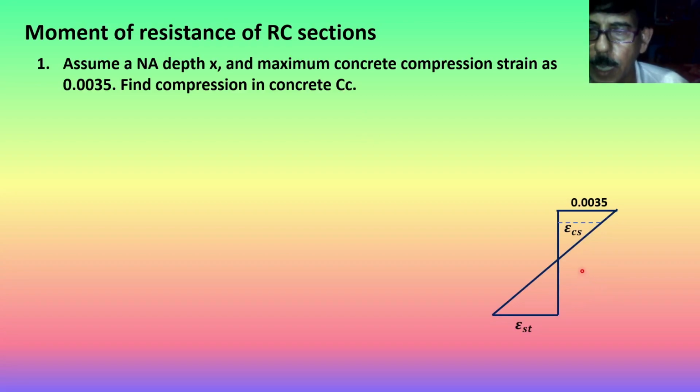So here is the strain diagram. At the top, the strain is 0.0035, and at the bottom it is epsilon st. At the compression steel level, the strain is epsilon cs. Now, based on the amount of strain here, this epsilon cs or epsilon st, the compression force in the compression steel or tension steel will be found out corresponding to their stresses Fcs and Fst.